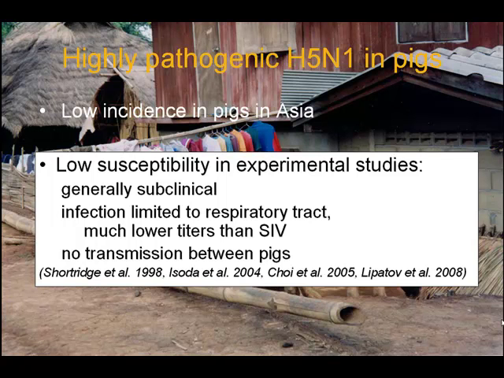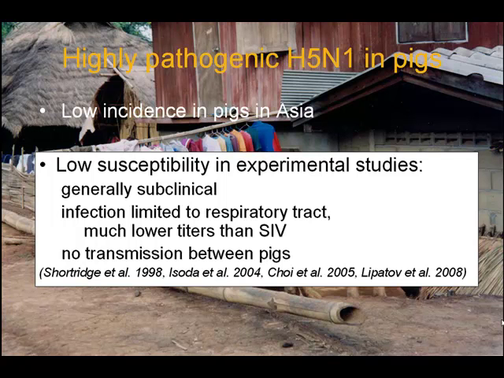So in these studies, the infection was almost entirely subclinical. The virus replicated only in the respiratory tract of pigs and to much lower titers than a typical swine influenza virus, and all of the viruses examined failed to transmit between pigs.